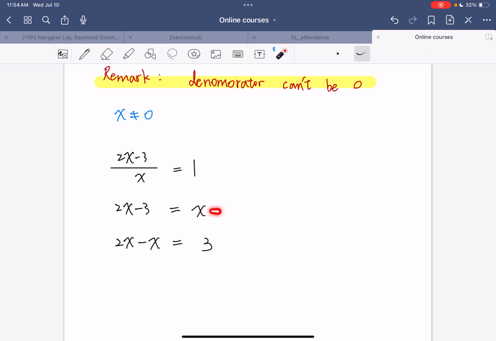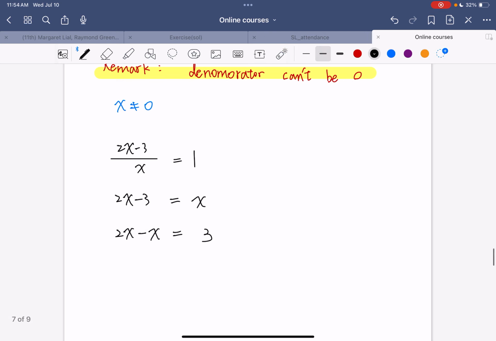And we got x is equal to 3. So what it tells us is that one point is 0, another point is 3.